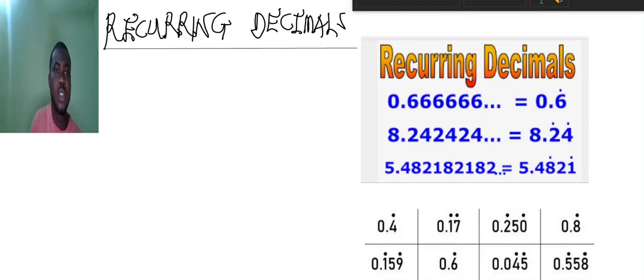The word recurring means there's a particular digit or group of digits that keeps occurring without end. There's a continuous occurrence of a digit or a group of digits.